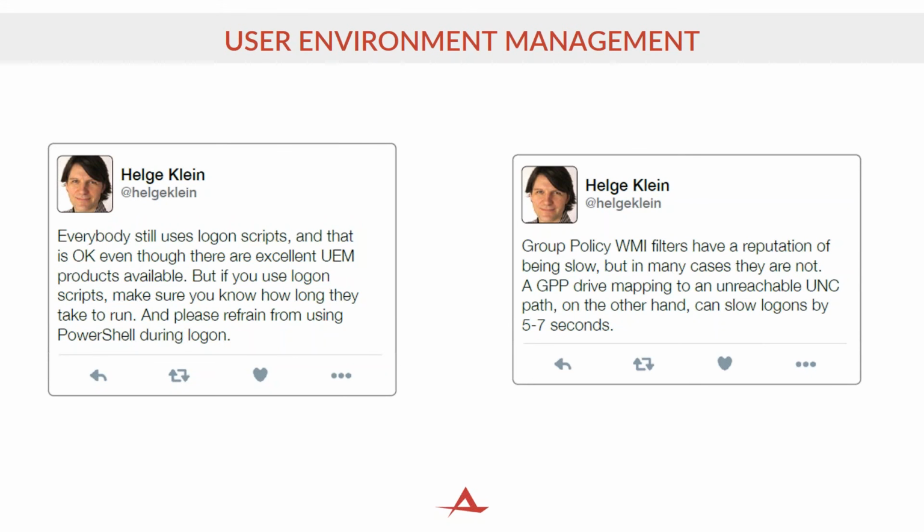So WMI has a very bad reputation when it comes to using these kinds of queries in a group policy as a filter. Basically, you would use the filter to determine whether to apply a specific group policy object to this specific user or computer. Now, I made some measurements last year, and I found out that, interestingly, WMI filters are actually fast in this specific context.